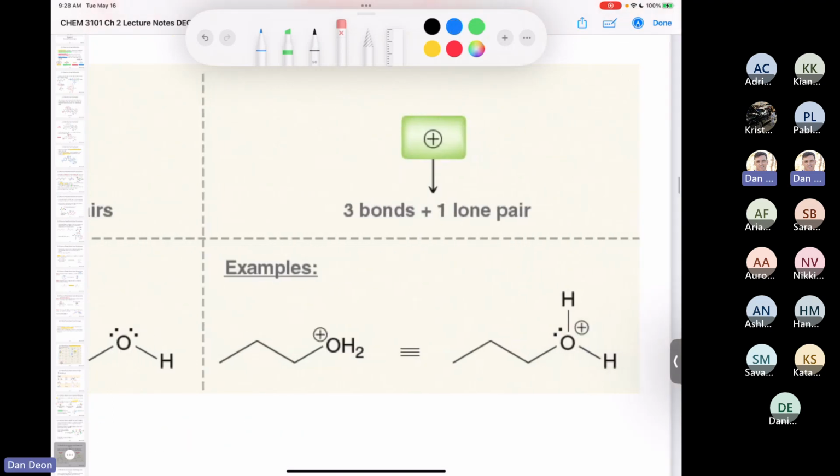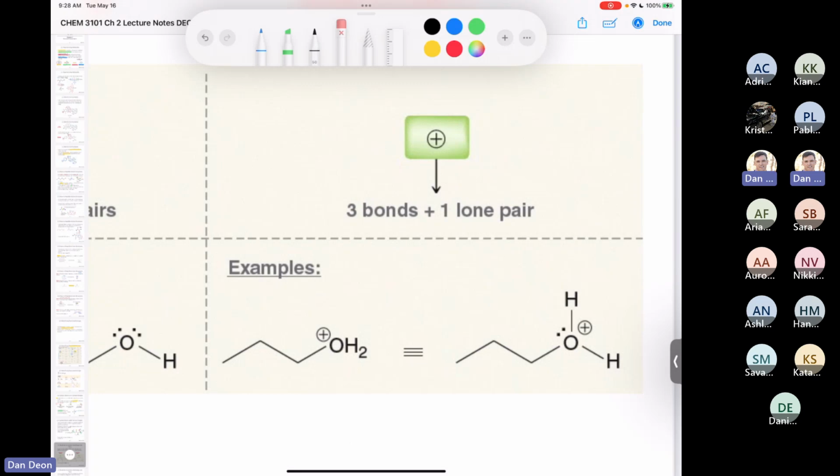And then finally, when oxygen has 3 bonds and 1 lone pair, it has a +1 charge. You would have seen that 1,000 times in the hydronium ion, right? When you draw hydronium, the oxygen has 1, 2, 3 bonds and 1 lone pair, and has a positive charge. The same thing applies to any oxygen that has 3 bonds and 1 lone pair. It has a +1 charge.